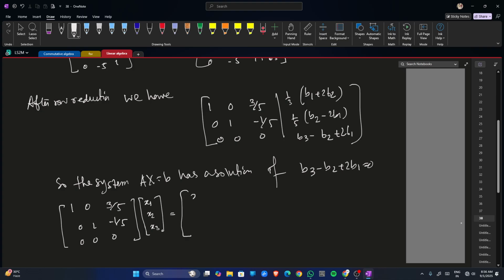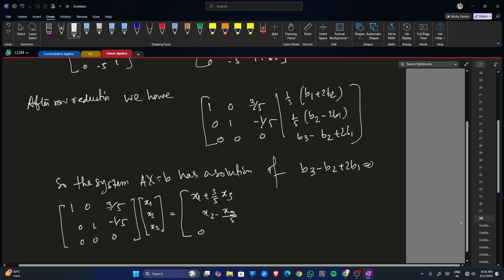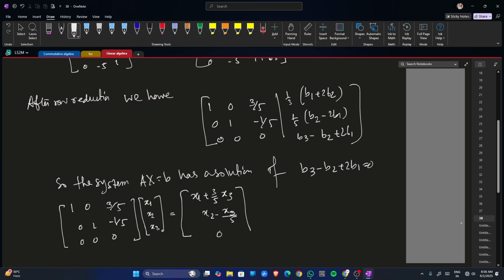Then you should get x1 plus 3 by 5 x3 is 0, x2 minus x3 by 5 is 0, and this is 0. This has a solution if this holds.